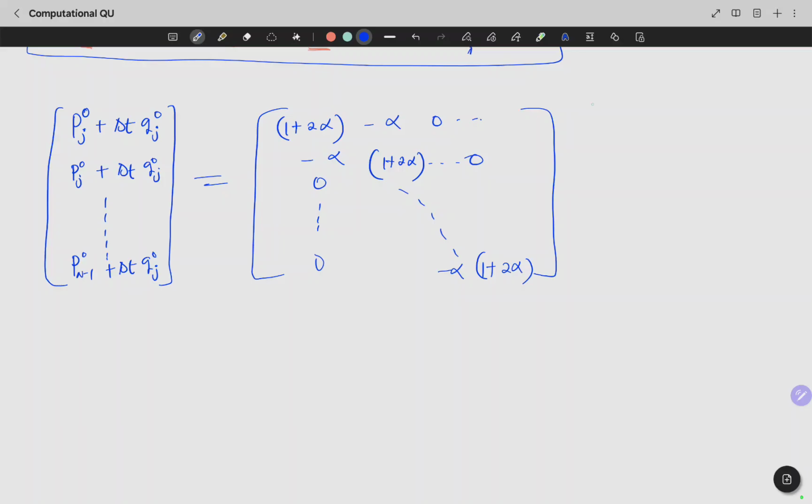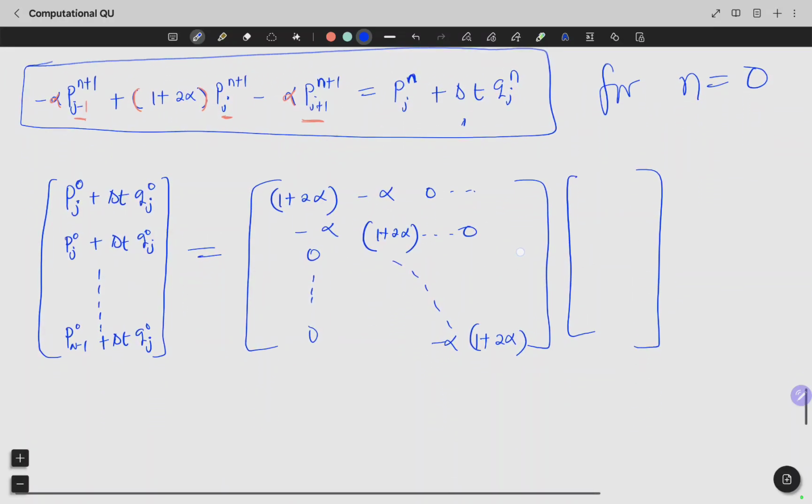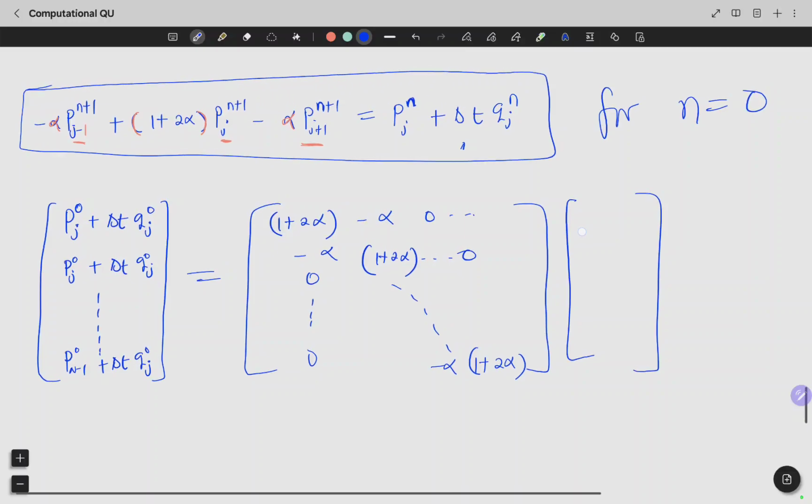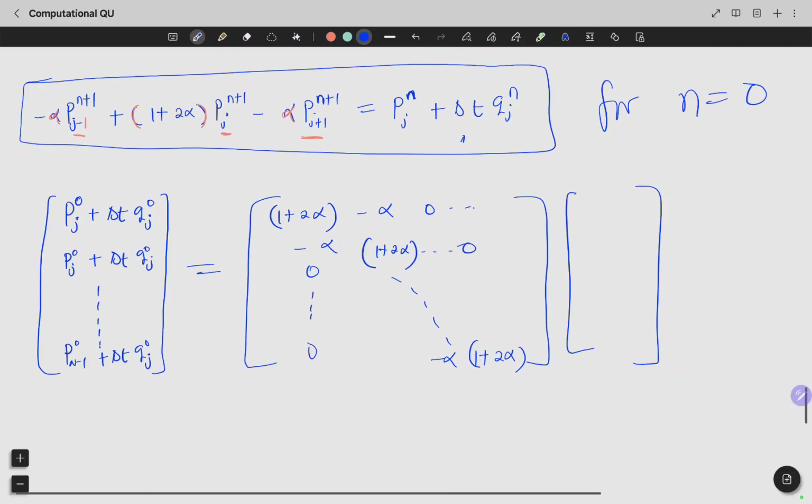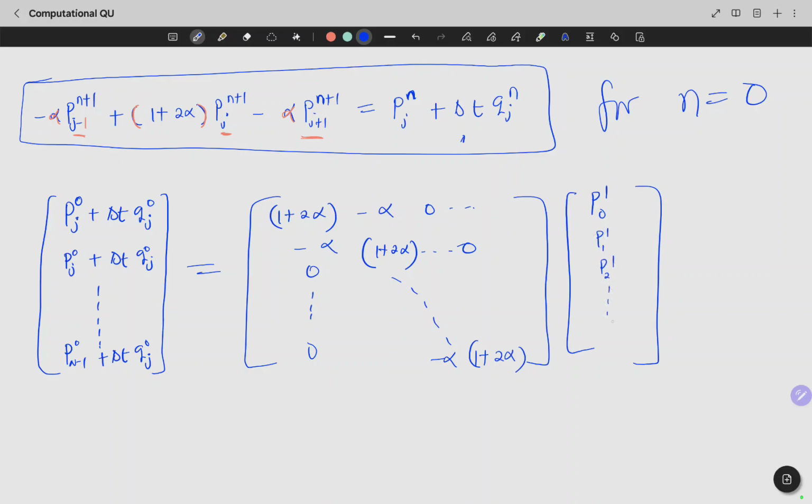That's a tridiagonal matrix. And what do you get here? It is multiplied by PJ plus, so you have P 0 1, then P 1 1, then P 2 1, and dot dot dot, then P n minus 1 1. That's what you get.